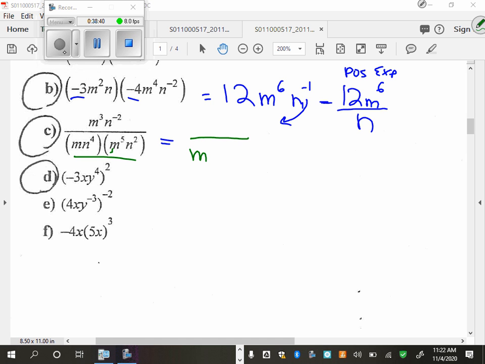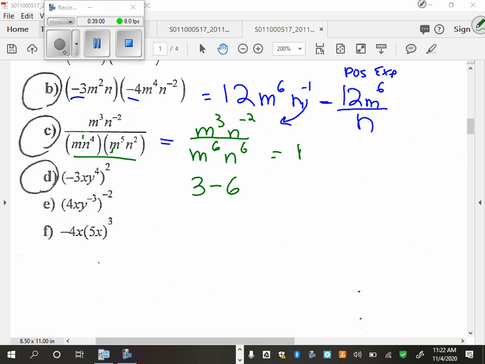Remember there's a 1 here, so 1 plus 5 equals 6. n to the 6th. And now you need to know the exponent laws, because you can't bring the negative exponent up. You need to know that the m's is top number, subtract bottom exponent.